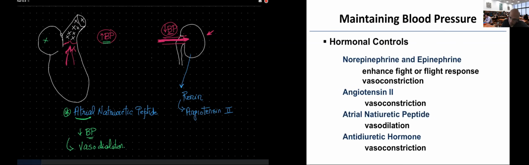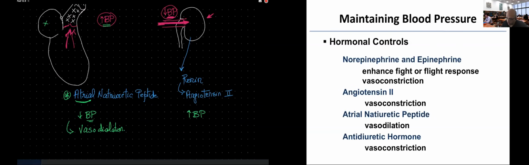The kidney hates low blood pressure. So the hormone that gets released from the kidney is going to be trying to do what to the blood pressure? It's going to be trying to increase the blood pressure back to normal. So how would I increase the blood pressure? By constricting or dilating my arterioles? By vasoconstriction.